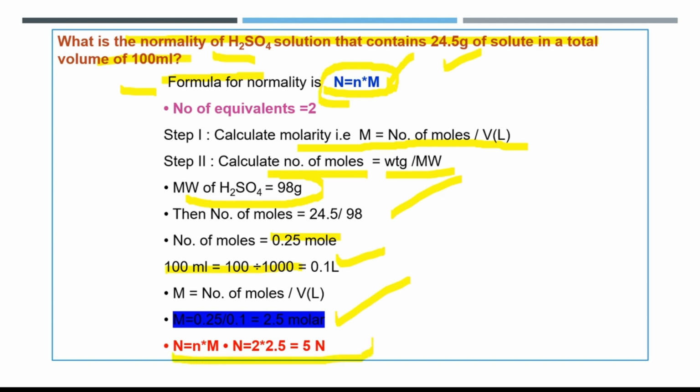So it's clear how we can calculate the normality of the solution. First we calculate the molarity of the solution by taking the weight of the solute and molecular weight of the solute. Then we calculate the volume as per the requirement of your solution. Understood?